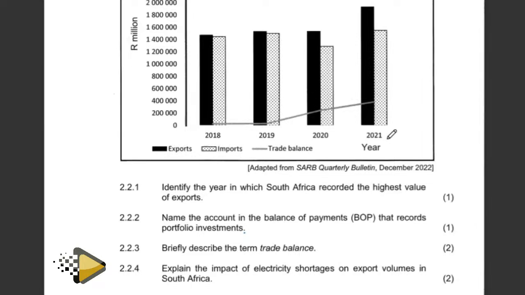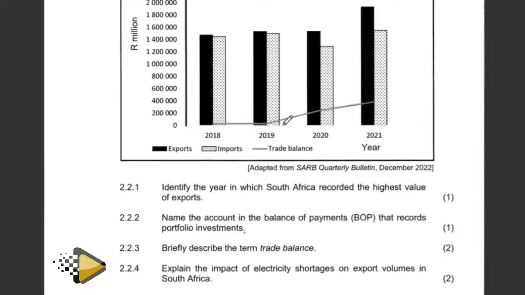And then if we check as well for 2020, we have the exports there and the imports up until 2021. As well, if you check the behavior of the graph, it is actually constant from 2018 to 2019. It means that there's no change. The volume of exports and the volume of imports for the years 2018 and 2019 have been the same.